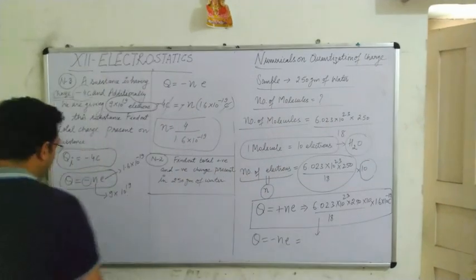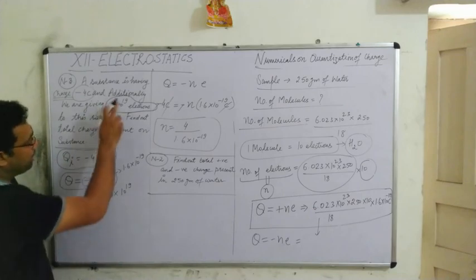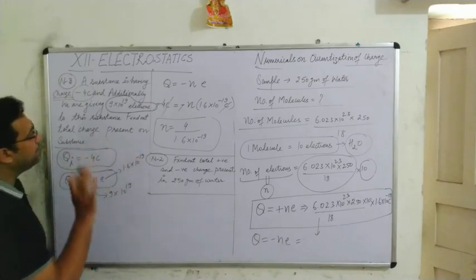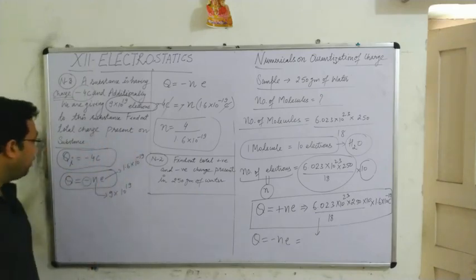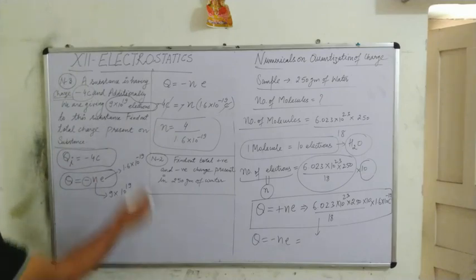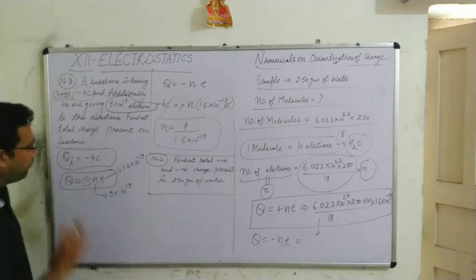Now we know the value of N, that is given in the numerical. We know the value of e, the charge on an electron, 1.6 into 10 power minus 19. How much charge will be given by these electrons we can find out by this formula.